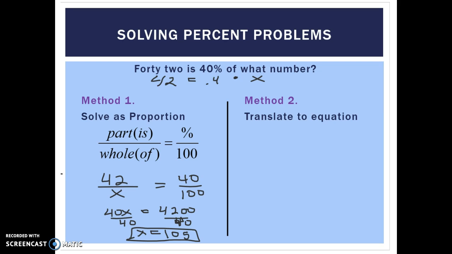So now you can see for both of those, both sides of the equation, you're actually dividing by 0.4 to solve. So if we divide by 0.4 on both sides, you end up with x equaling 105 again.